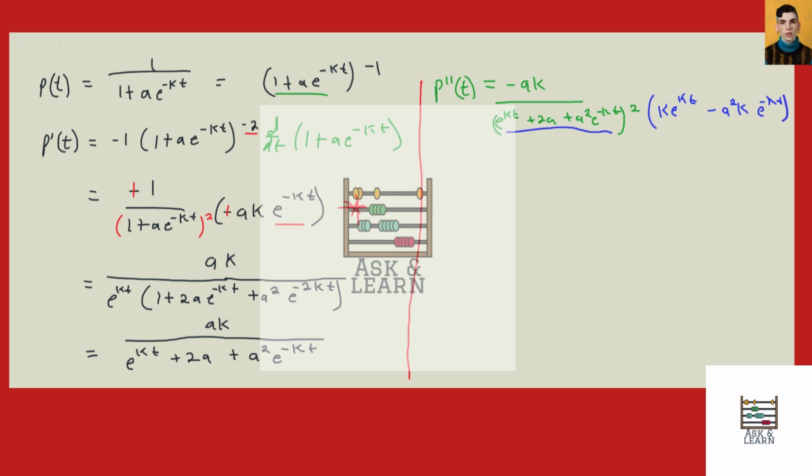Now to find our, or actually before we do that, let's go ahead and clean this up a little bit, because we will need to do a little bit of algebra for stuff. So notice that we can factor out a e to the negative kt and a k from these. And I'm also going to distribute this negative into here. So factoring out that k would give us ak squared, and we'd have e to the negative kt, all over e to the kt plus 2a plus a squared e to the negative kt.